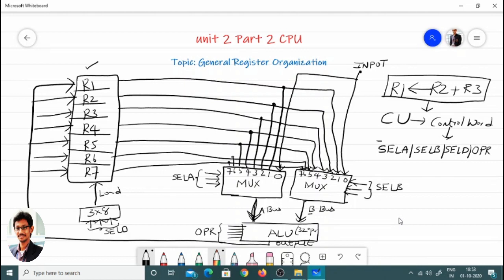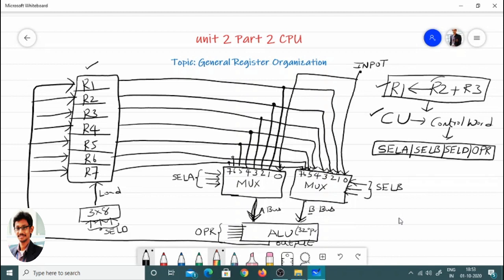Now this is the general format of a control word, right? So to perform any operation in the general register organization, the control unit will generate a control word. Now what is a control word? Control word is a collection of SELA, SELB, SELD and OPR. Now for this particular operation, I'll be writing the control word. What is SELA? Selection lines. Which register?